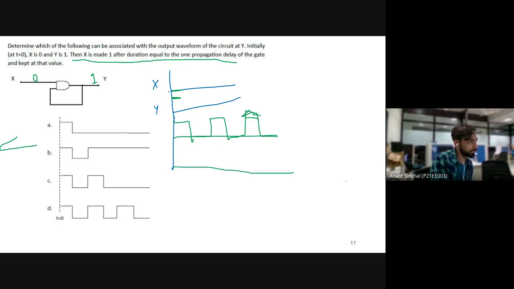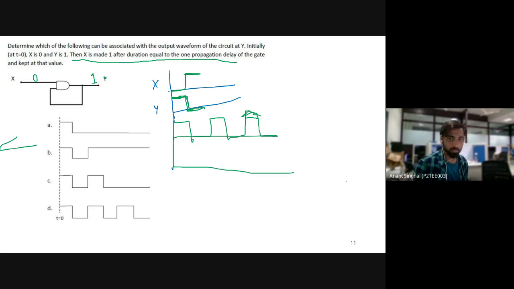Initially y is 1, and after 1 propagation delay x is made 1. When y is 1 and x is 0, the output y will be 0. Initially it will be 1, then it will get to 0. I hope you get this part.